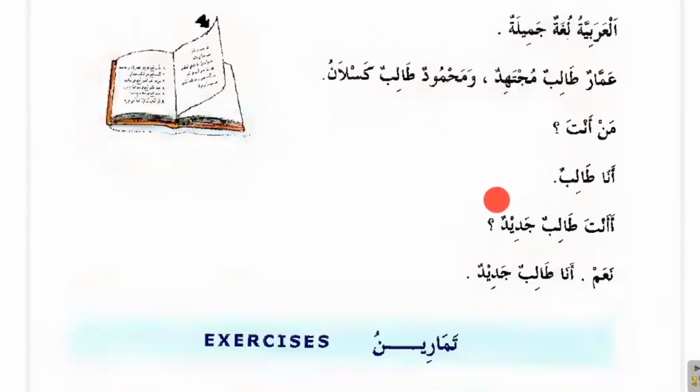We said if it has tanwin, like here, this one should also have two vowels, the adjective and the noun being qualified. But here, the simple thing is that this is something strange. We are going to learn it. It is called mamnu'un min as-sarf. We'll look at it later on. So don't be confused. Just know that there is a particular reason that has caused it to be so.